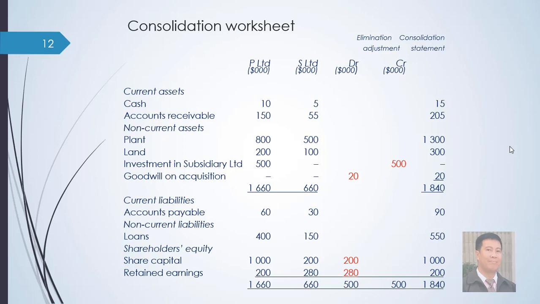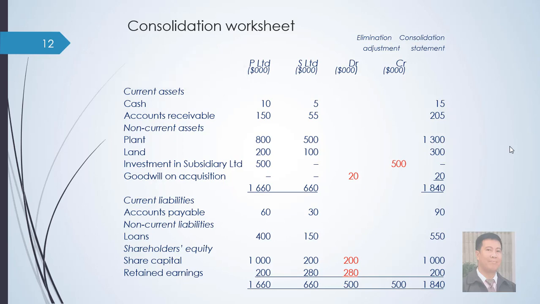Now when you go to investment in subsidiary limited, we have a debit on the parent's book, and then we credited it in the elimination adjustment. In accounting, different signs negate or eliminate. In this case, it was eliminated, both 500, in thousands. Then the amount in the consolidated statement will be 0.